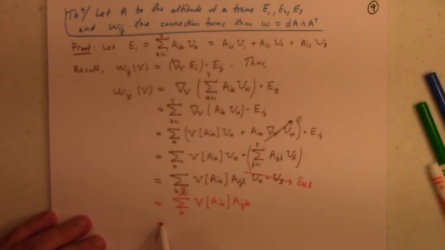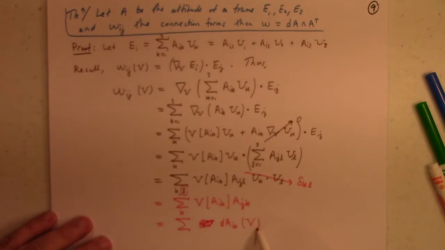Well, you should recognize that this is exactly dA ik acting on V, and that's A transpose kj.